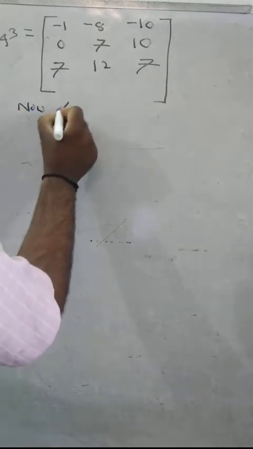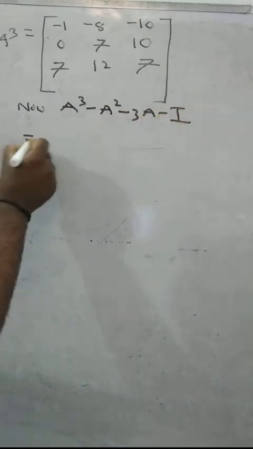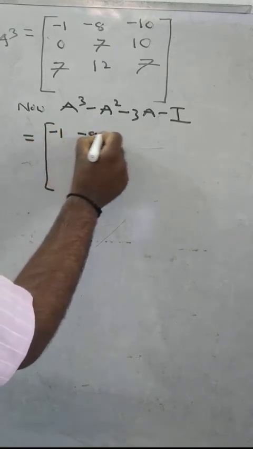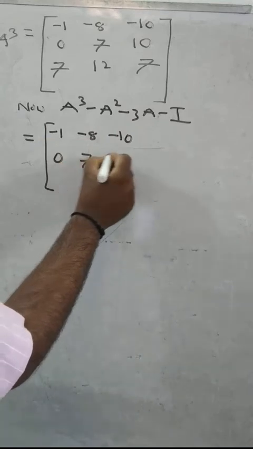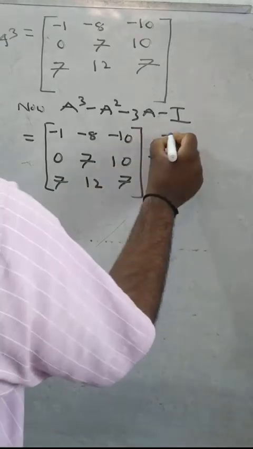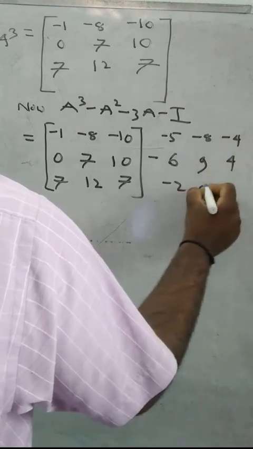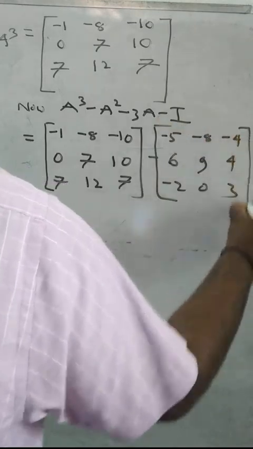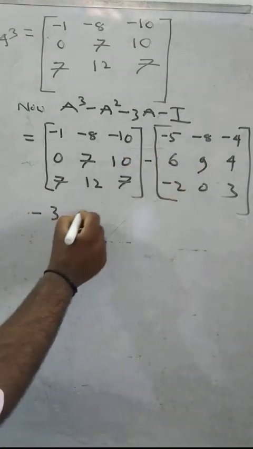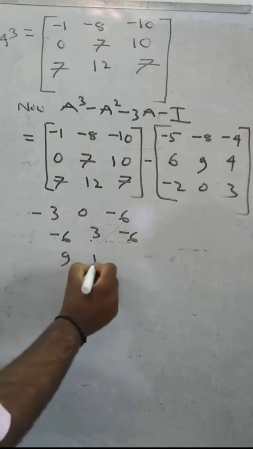A cube minus A square minus 3A minus I is equal to minus 1, minus 8, minus 10; 0, 7, 10; 7, 12, 7 minus A square, that is minus 5, minus 8, minus 4; 6, 9, 4; minus 2, 0, 3, minus 3A, that is 3, 0, minus 6; minus 6, minus 3, 6; 9, 12, 3.